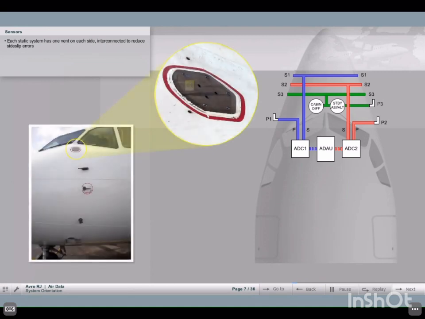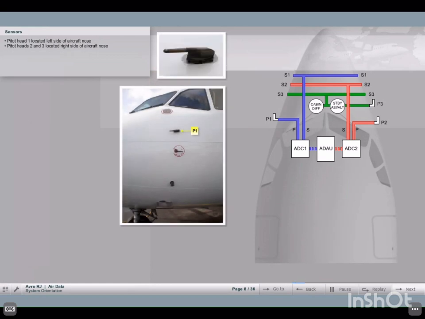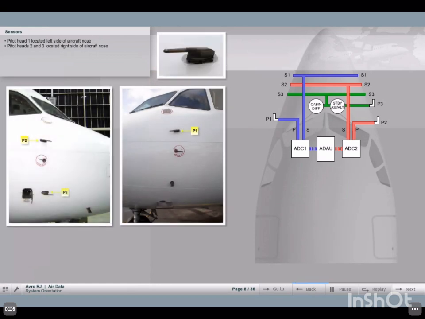Each static system, S1, S2, and S3, has two vents, one on each side of the aircraft, which are connected together in order to reduce side slip errors. The number 1 pitot head, P1, is located on the left side of the nose. The numbers 2 and 3 pitot heads, P2 and P3, are located on the right side of the nose.